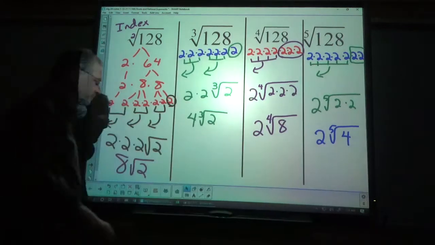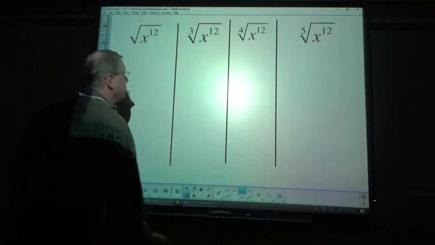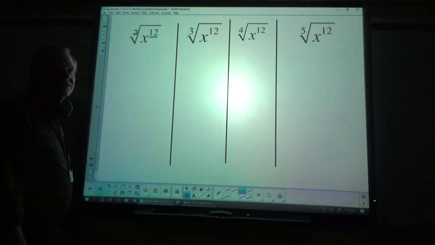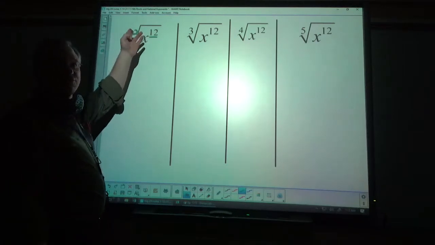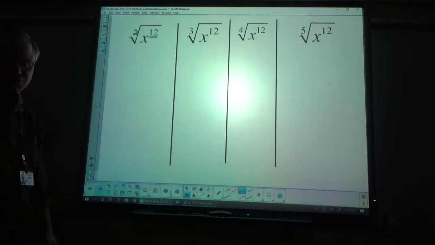All right. Now, in the same way we work with variables to a power in a square root, we do that by dividing the exponent inside by the index. And we didn't have to talk about an index with square roots because we just assumed it was a 2.